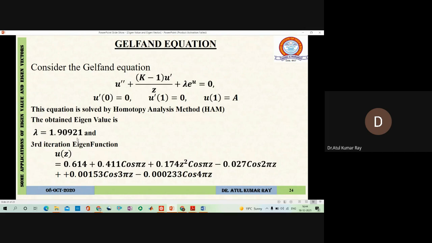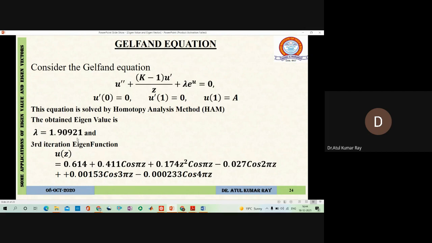So the Gelfand equation is this one, and as I told, it is solved by the homotopy analysis method. The eigenvalue which I obtained here is 1.90921, and the eigenfunction which I am getting is this one. It is the third iteration eigenfunction. Similarly, we can have the fourth, fifth, and sixth iterations, which will give a better eigenfunction.